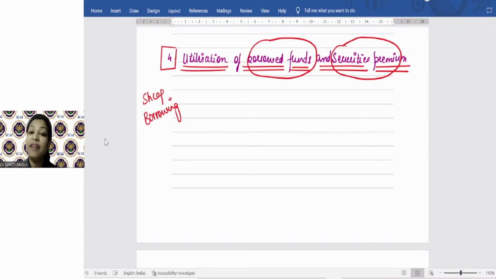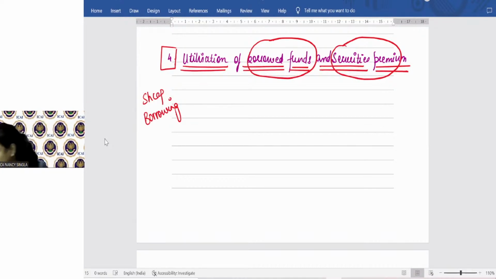This topic is very, very important, particularly these recent amendments in Schedule 3, these notes. And these are very simple. Yes, you will have to understand it once and read the module. Then I am sure that you will be able to write these answers with ease if you get any question on this topic.